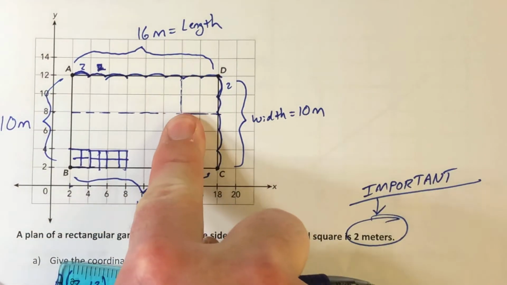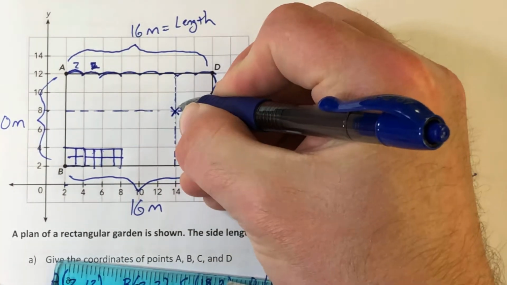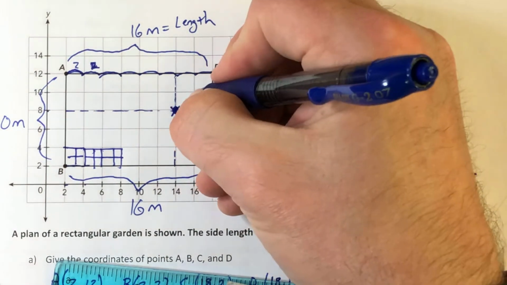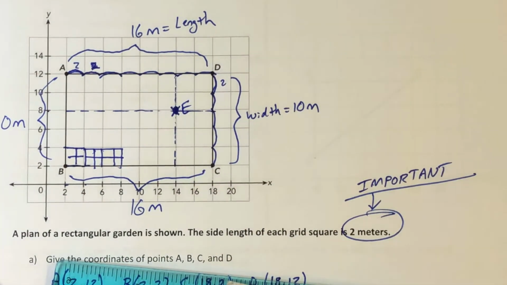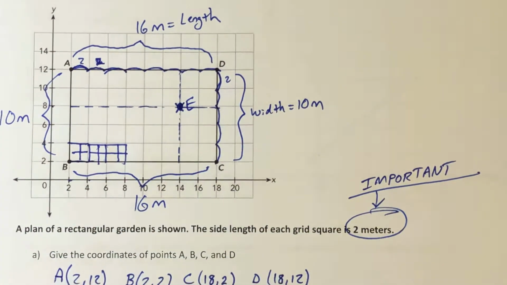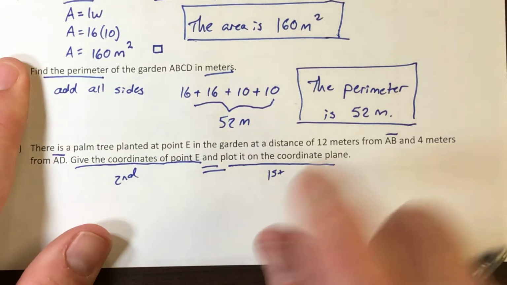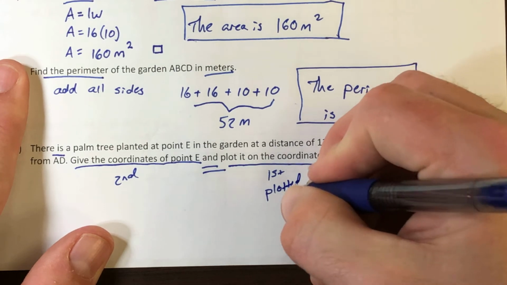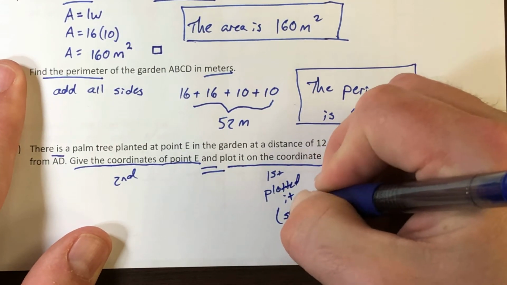Look at where they intersect. X marks the spot. So your point E is your palm tree. So we have plotted it. Just see above.